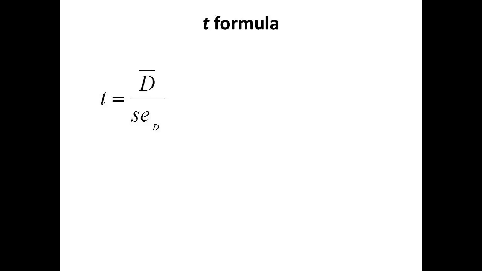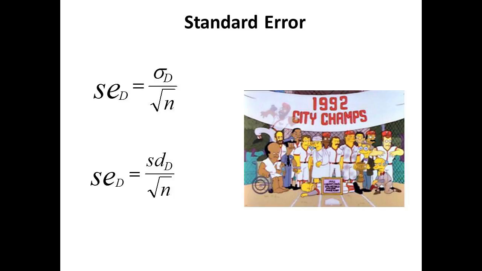It's the mean of the difference scores over the standard error for the difference scores. And then in order to get that standard error at the bottom, we are going to have to use the standard deviation of the sampling distribution, which is the population difference standard deviation over root n. But since we don't have that, of course, we're going to estimate it using the sample difference standard deviation, same as we've been doing all along.